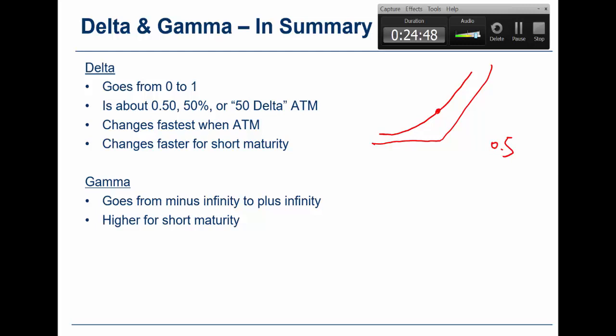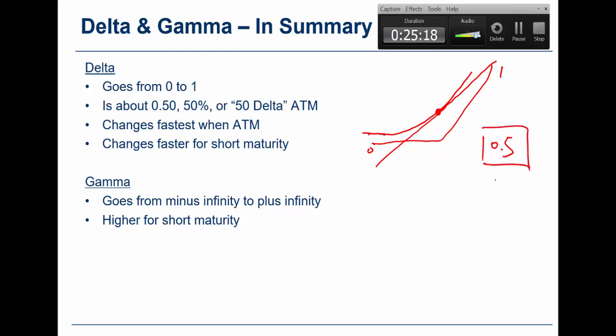It is really, if you think about it, another way of saying it's kind of like the slope of the line. And so if it goes from delta of 0 to delta of 1, at some point it has to pass through the 0.5, okay?